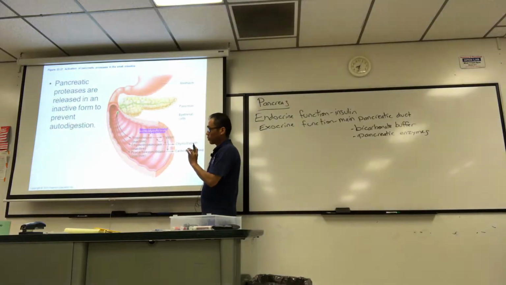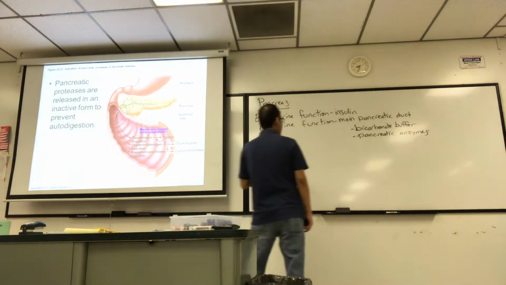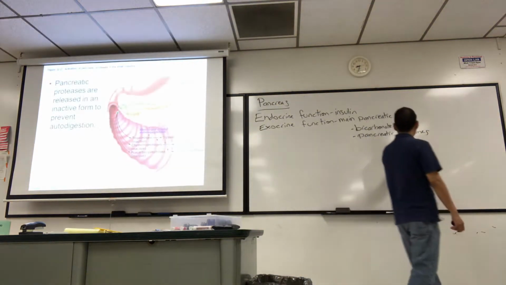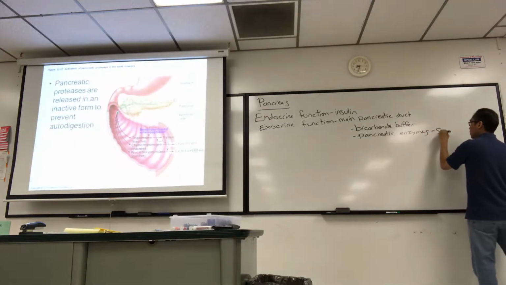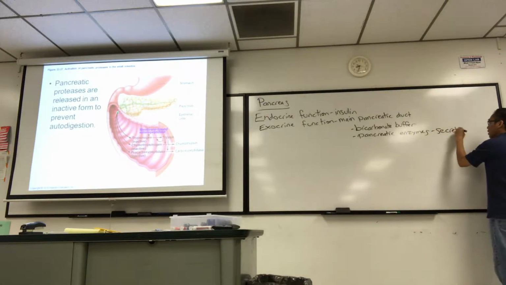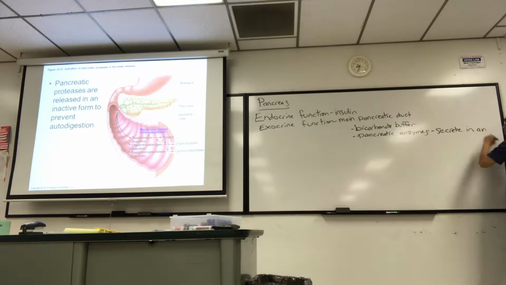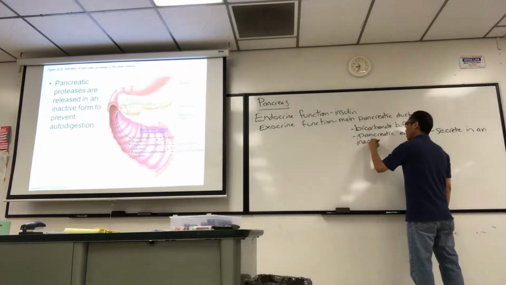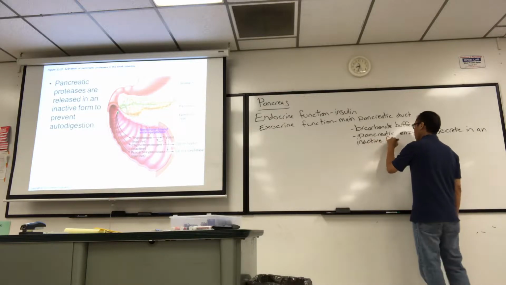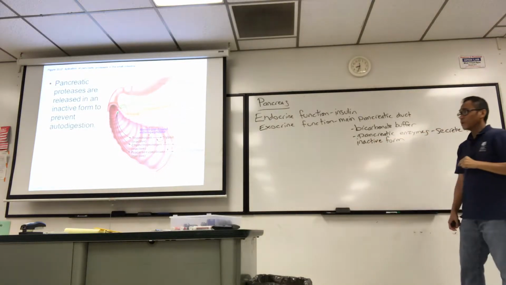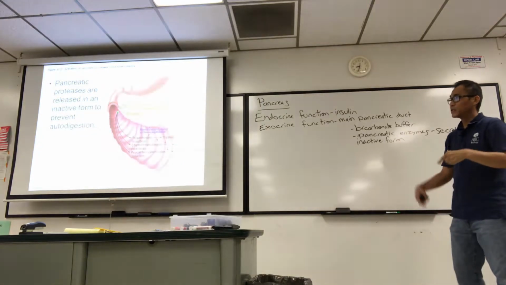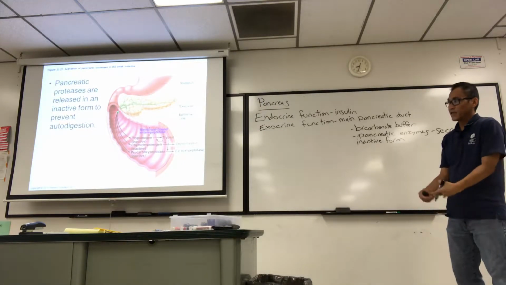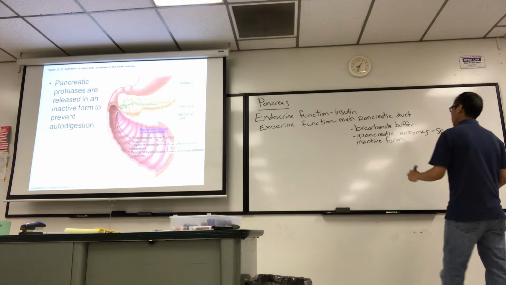So again, the principle is secrete enzymes in an inactive form and activate in the lumen. For example, trypsinogen is a protease, but that's the inactive form of the molecule.